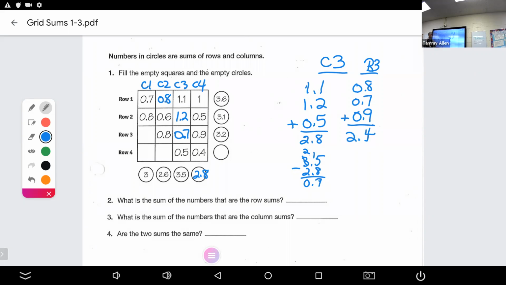What are we gonna do with that 2 and 4 tenths, Piper? Right, you're gonna subtract 3 and 2 tenths minus 2 and 4 tenths. Okay.